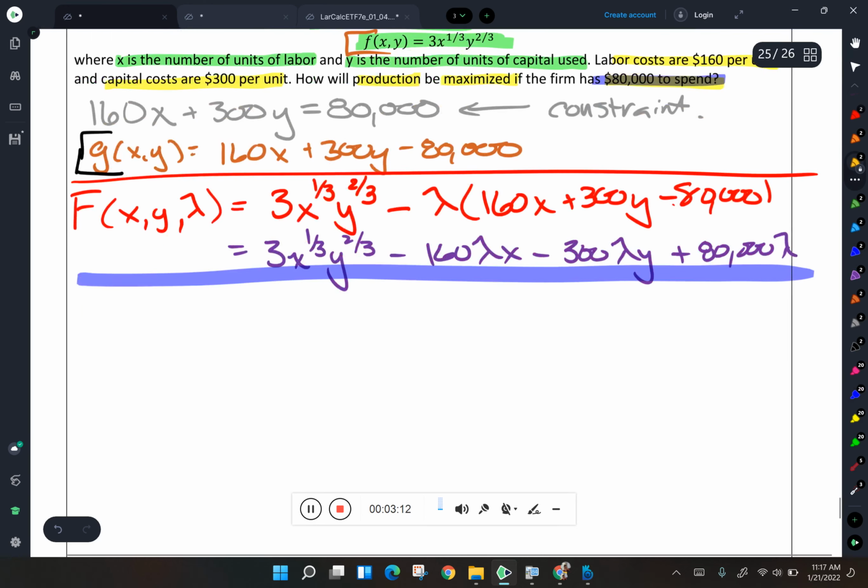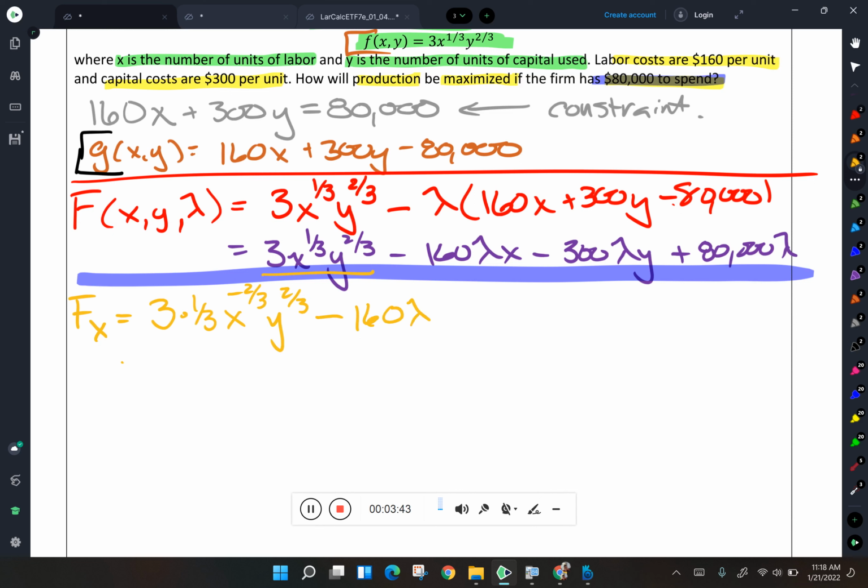Now that I've got my Lagrange function, the next step is to find those first partials. So the first partial with respect to x, the derivative of that first term with respect to x, is going to have a 3 times 1/3 x to the negative 2/3 y to the 2/3 minus 160 lambda.